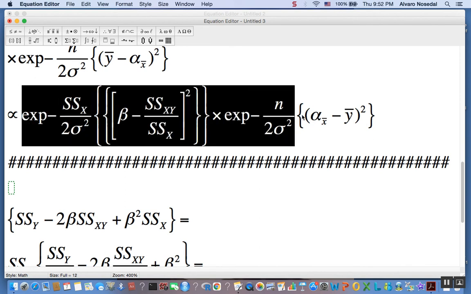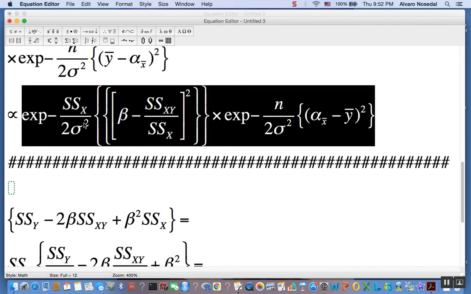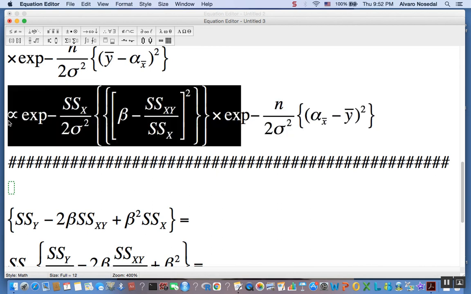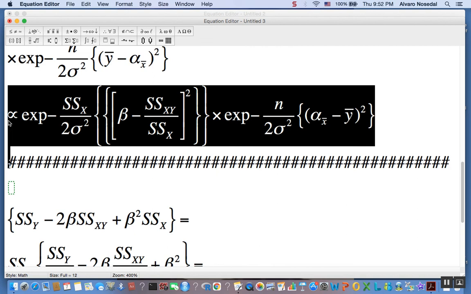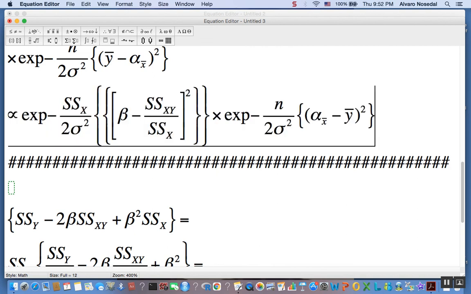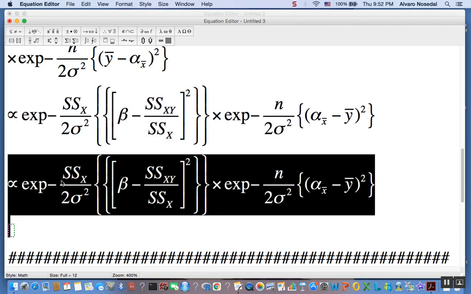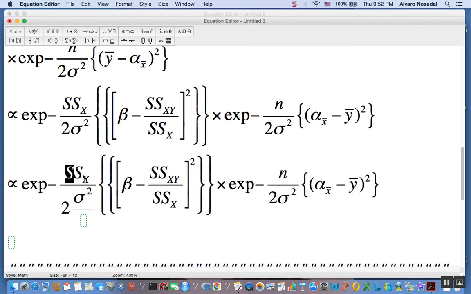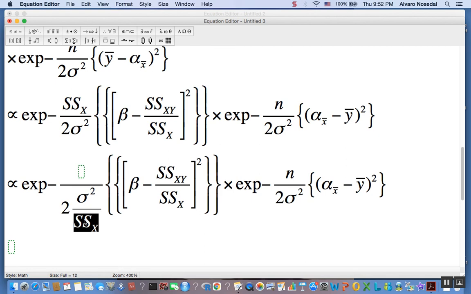so to be super specific, we can clearly see that now we have the product of two normals. Let me do this. This is the same as sigma squared divided by SSX, right? Agreed?